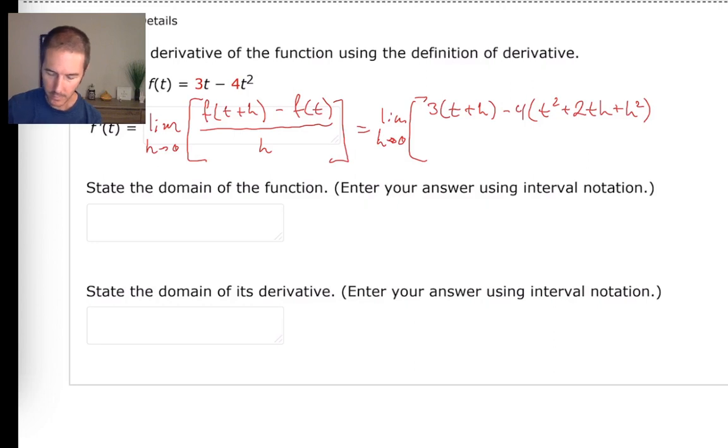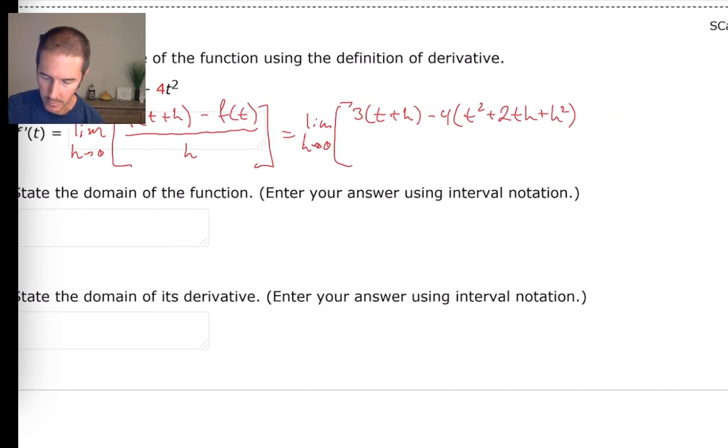And then we have to subtract f of t. So I'll switch colors here and say minus f of t, which is 3t minus 4t squared.